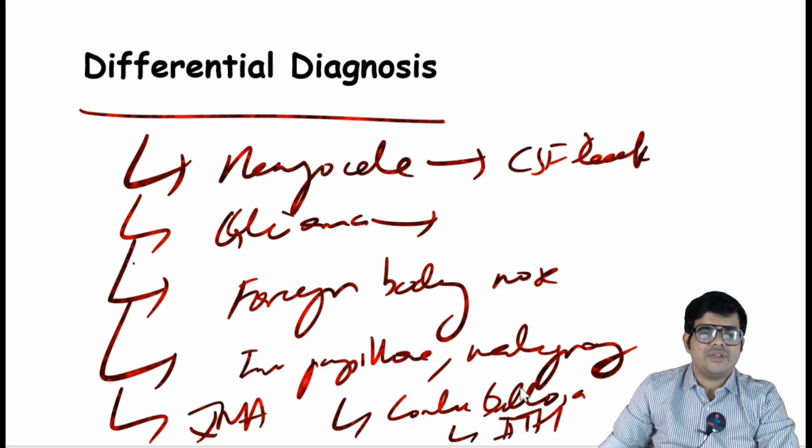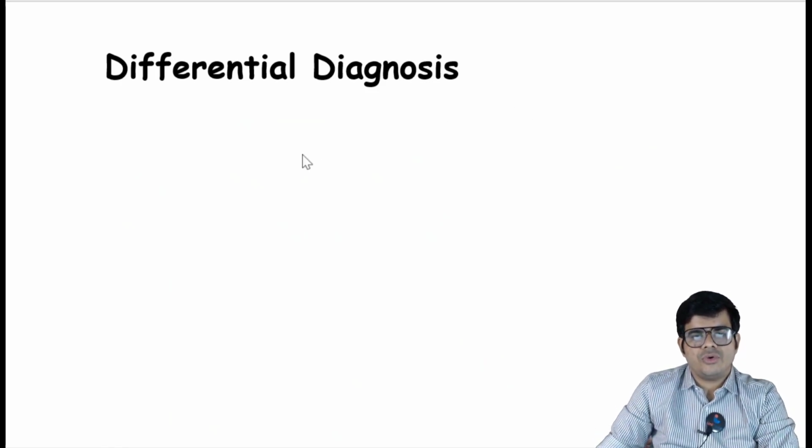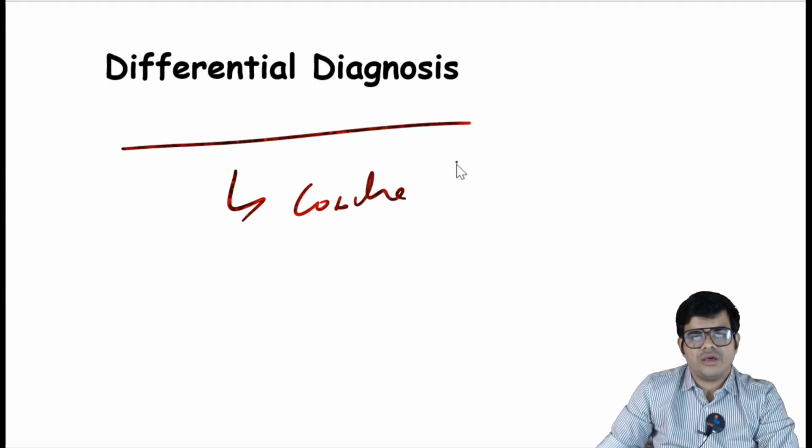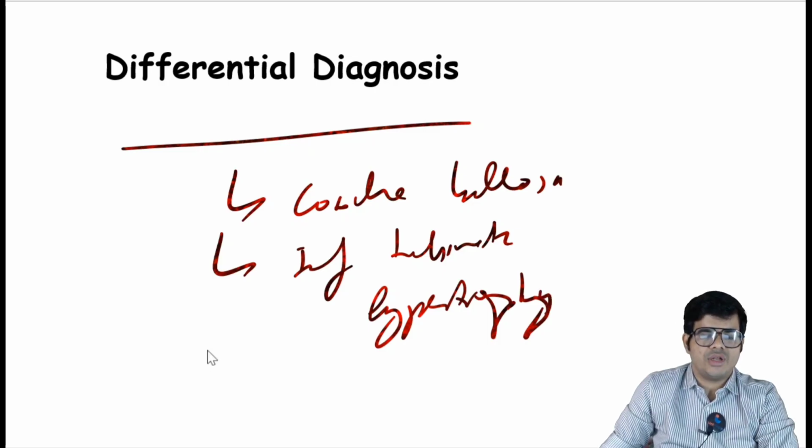All these are the various differential diagnoses that you have to know about. So finally I told about concha bullosa, inferior turbinate hypertrophy, and of course you have to think about sinonasal malignancy as well.